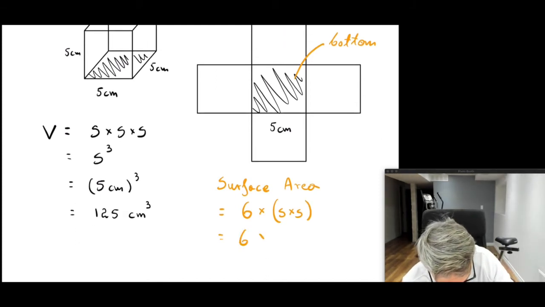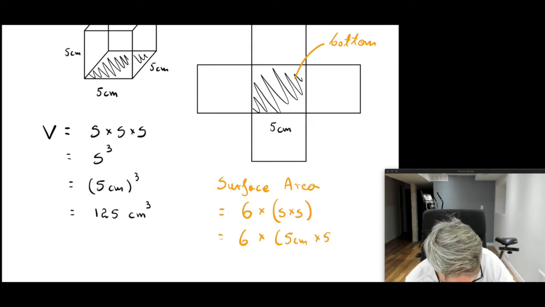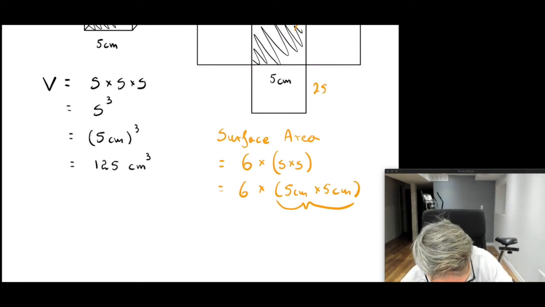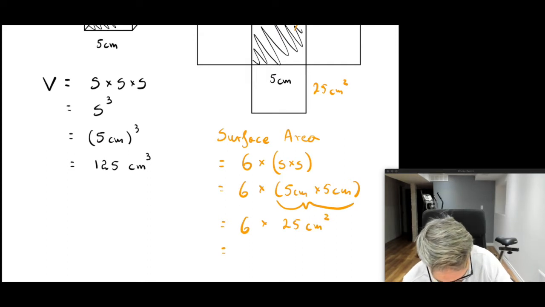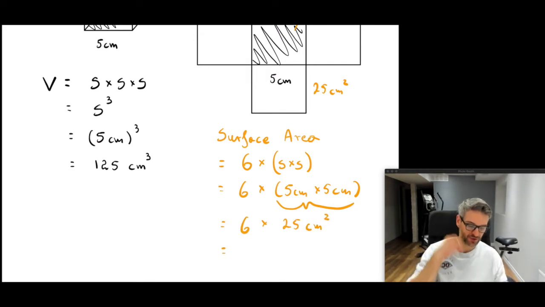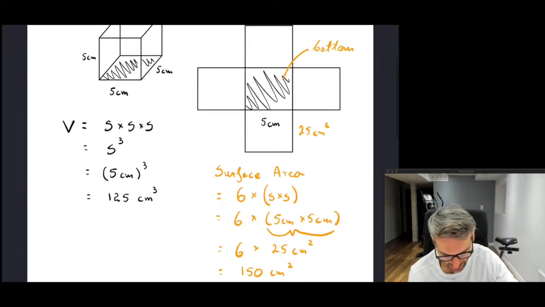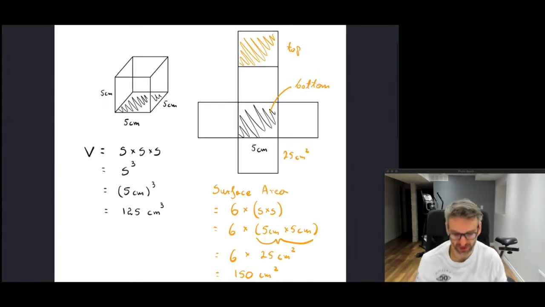That's 5 centimeters times 5 centimeters for just one of these, so each one is 25 centimeters squared. Now we take 6 of them, so that's 150 centimeters squared altogether. So we have the entire surface of this particular cube.